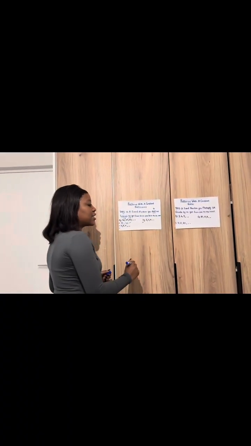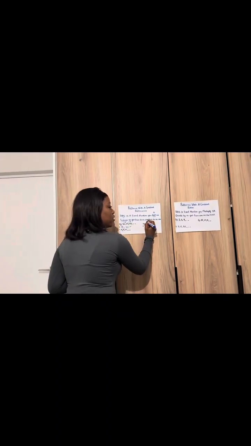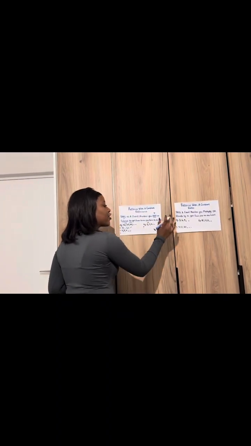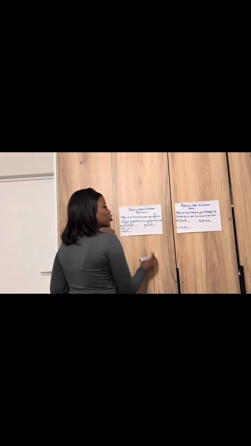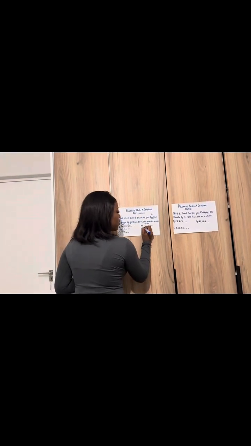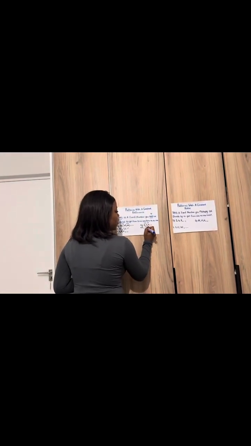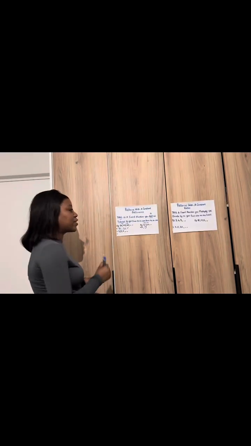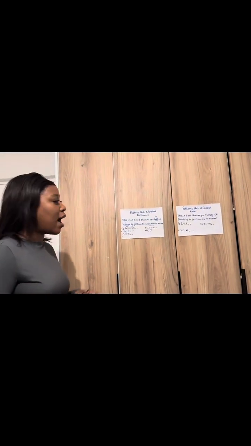So 7 subtract 3, what is that? It's 4, meaning we are increasing by 4. So 11 plus 4, what is that going to be? 11, 12, 13, 14, 15. Plus 4 again, 19. So that is the rule of our pattern.